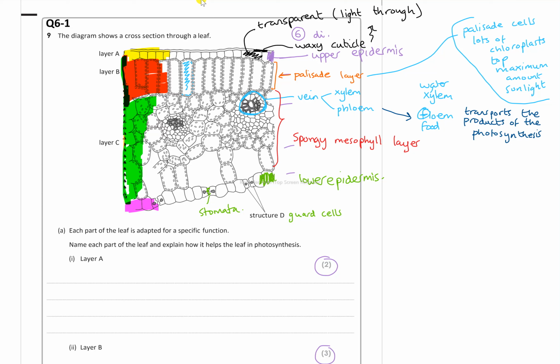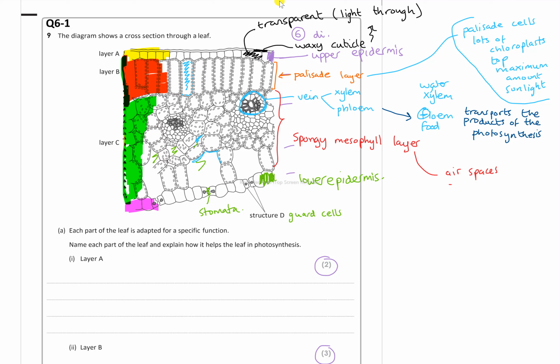You've got the spongy mesophyll layer. Now, if you notice here, can you see these gaps? Right, there's moisture here as well, because what that does is that allows water to diffuse. So the air gaps, or air spaces, allow diffusion of gases.